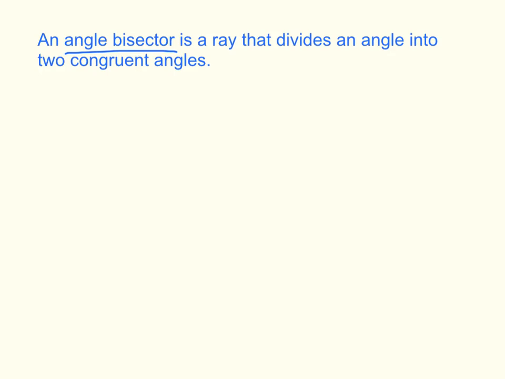Our next vocab word. An angle bisector is a ray that divides an angle into 2 congruent pieces. So for example, let me draw an angle. So I have angle, let's call this LJM.